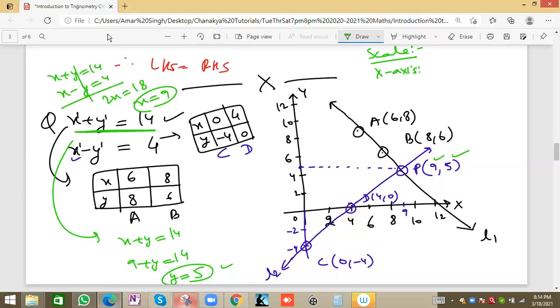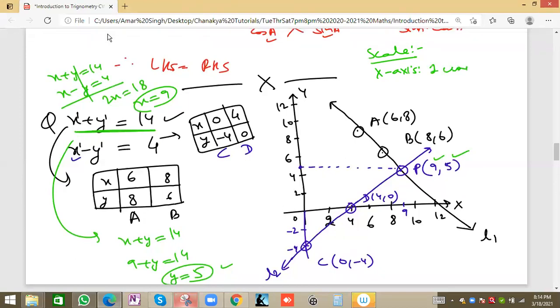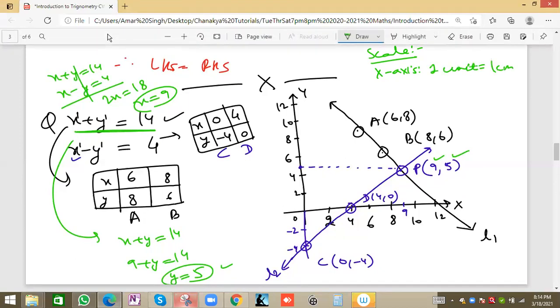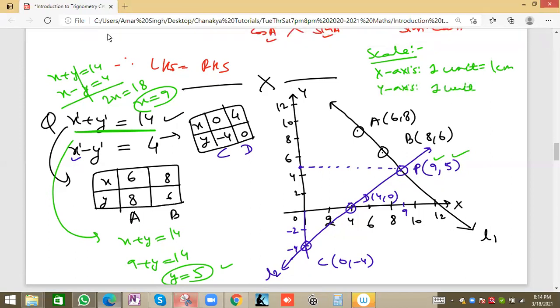On the x-axis, 1 unit is equal to 1 centimeter. On the y-axis we can write 1 unit means 1 gap as 1 centimeter. Here we have 2 centimeter, so we can write 1. We can say here 2 units, because we have a gap of 2, but it is equal to 1 centimeter.